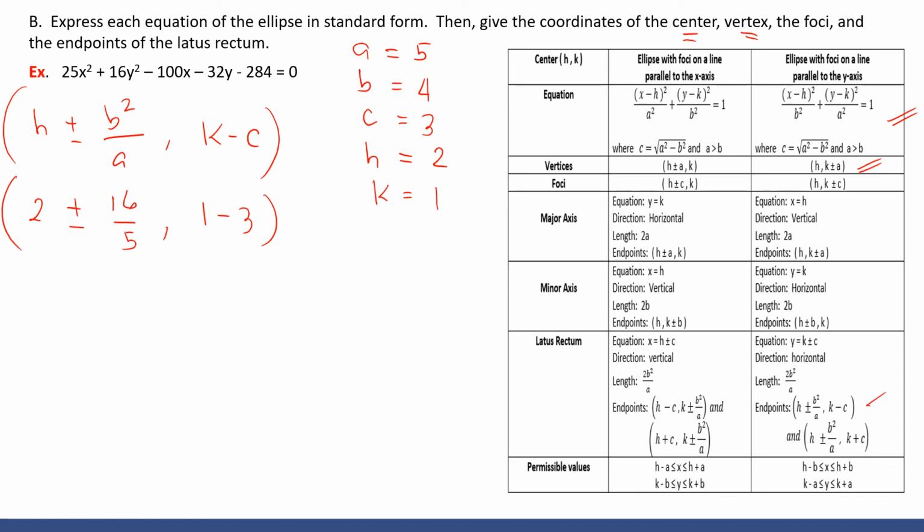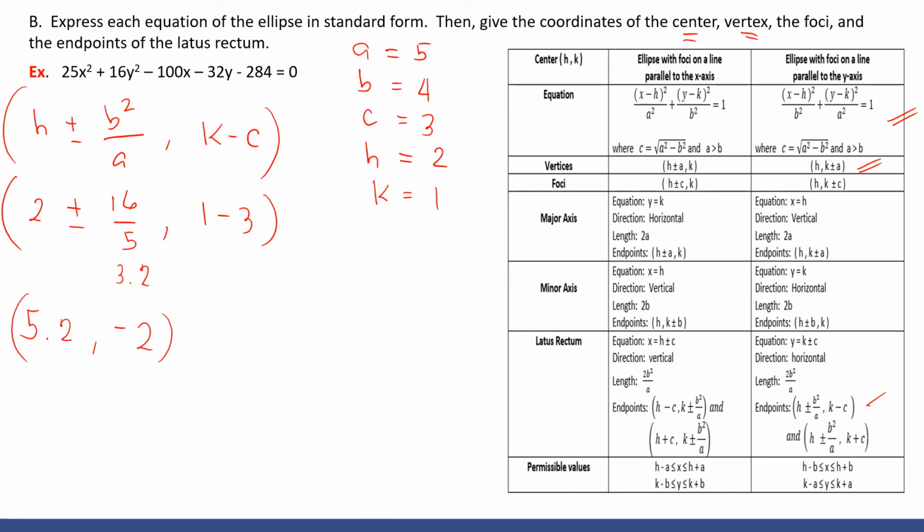So 16 divided by 5 is 3.2. So 16 over 5 here is 3.2. Therefore, 2 plus 3.2, we have 5.2. And 1 minus 3 is negative 2.